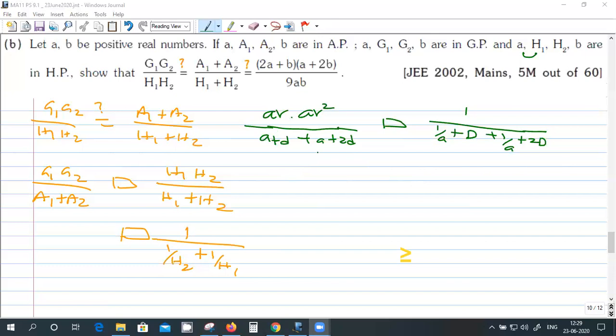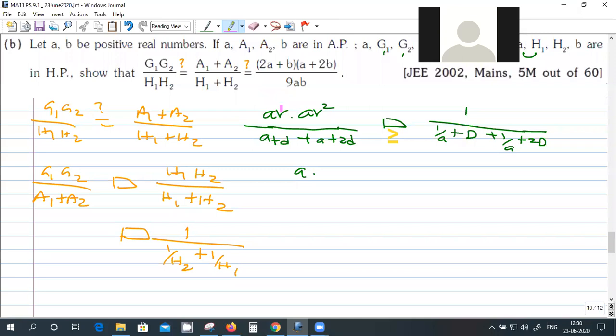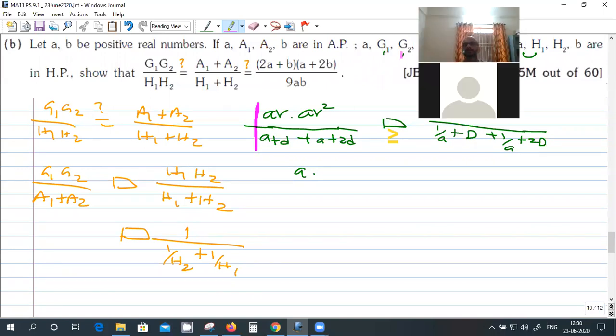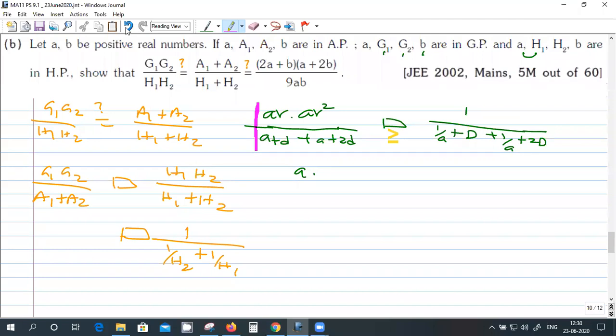So you wanted to cancel. So this I can write as A into AR cube, right? What is AR cube? This is AR, this is AR square, this is AR cube. This step is clear? Yes, sir.